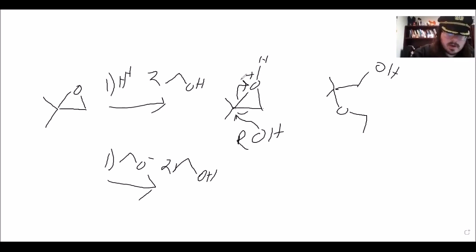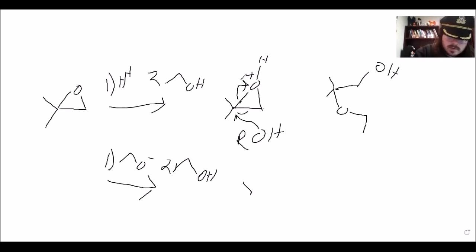You're going to get the other product, because when we attack with O minus, we're going to attack the more sterically hindered, no, the less sterically hindered position. Right now, this can essentially do a two-step. This can swing open to make a carbocation to stabilize this. This epoxide is rather stable, and so we end up first attacking here.